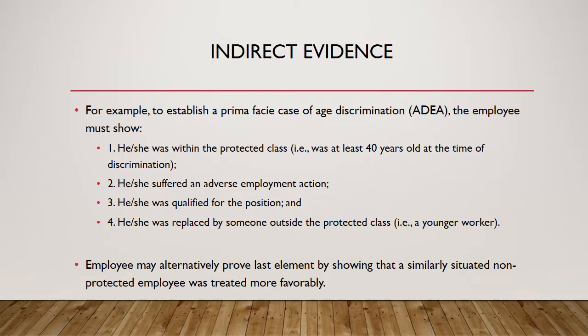The second element is they have to show that he or she suffered an adverse employment action. We'll talk in a moment about what exactly constitutes an adverse employment action. The third element requires that the plaintiff show that he or she was qualified for the position. The courts have basically said that it doesn't take much to establish that you're qualified for the position.